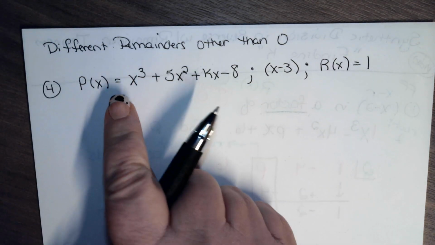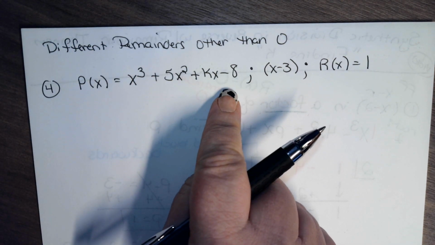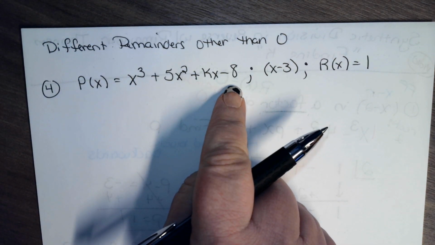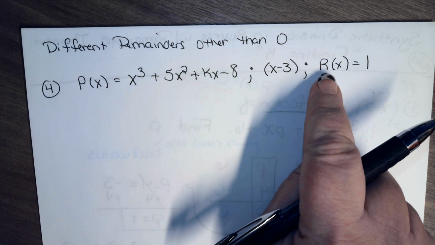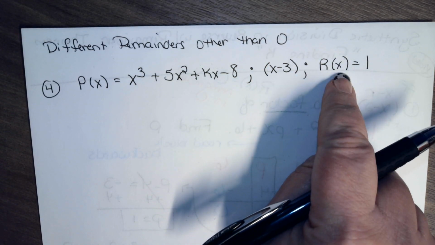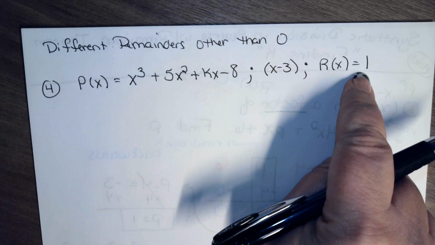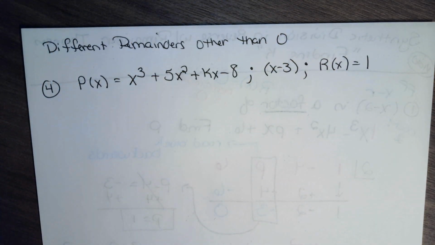Alright, so we got our polynomial, x cubed plus 5x squared plus kx minus 8. We've got our linear divisor, x minus 3. And here we're told that the remainder is going to be a 1. So write this down, and then let's get started.